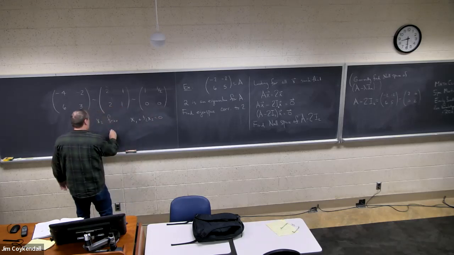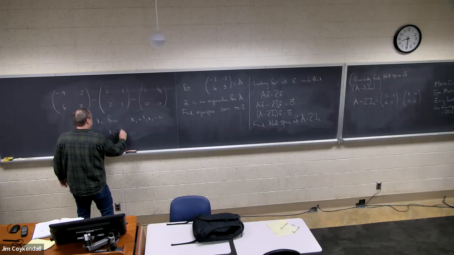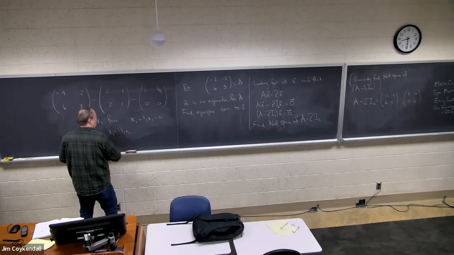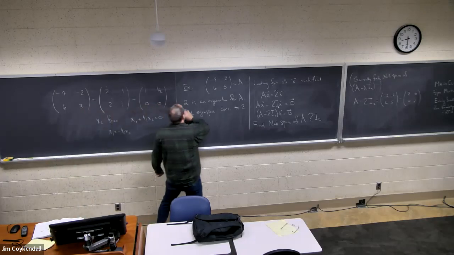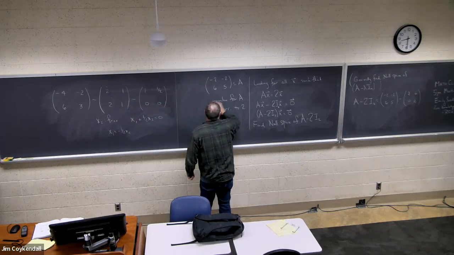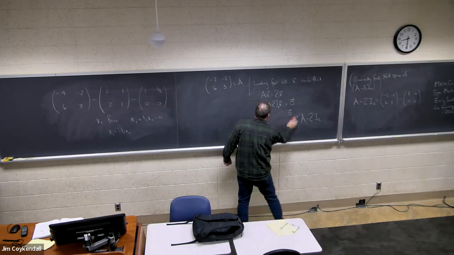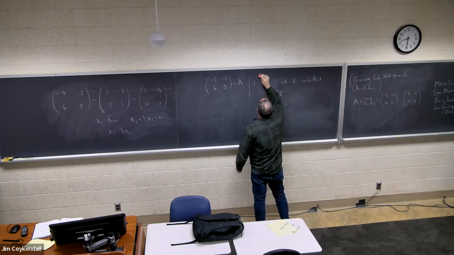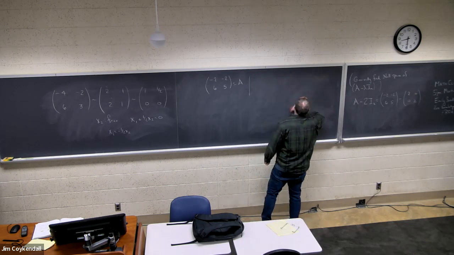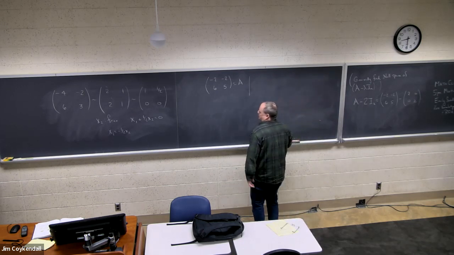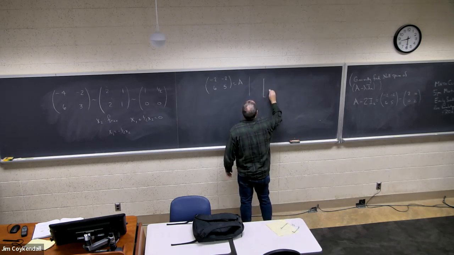So that means x1 is minus 1/2 x2. So for the eigenvalue 2, I get the following eigenvector: x1 equals minus 1/2 x2.